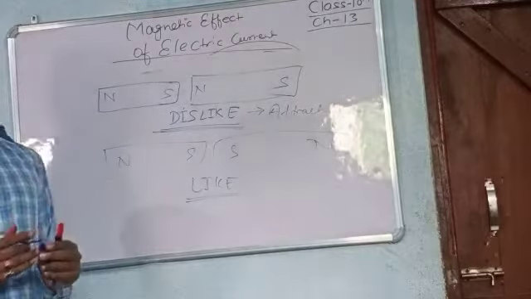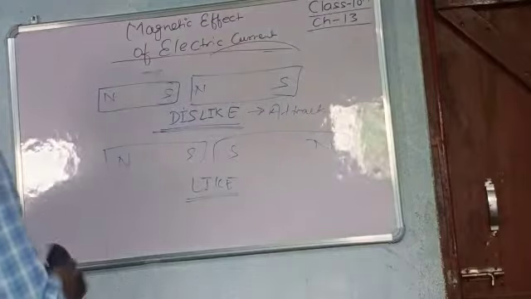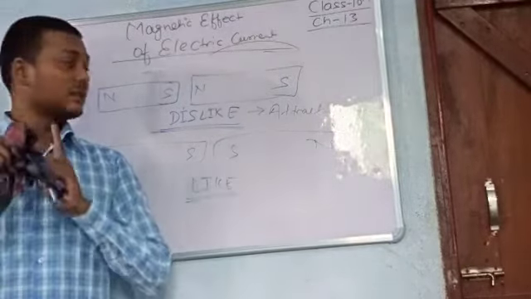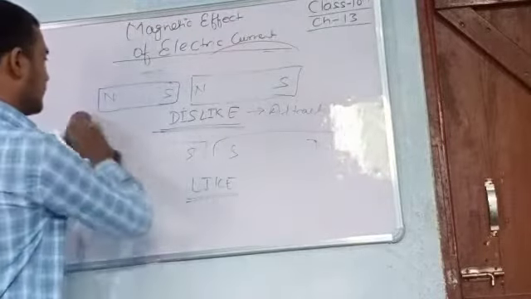This is also a concept of magnets we need to understand: unlike poles attract each other and like poles repel each other.